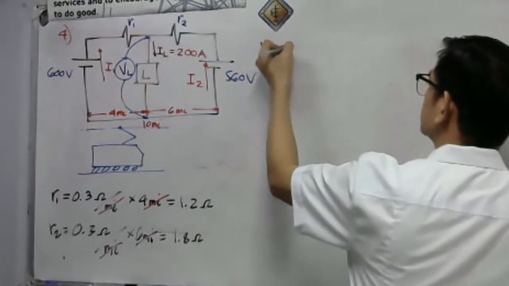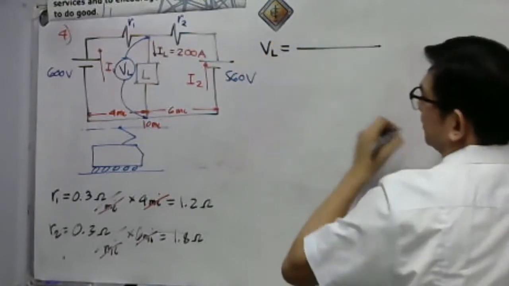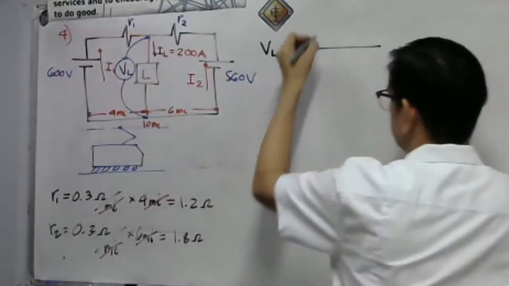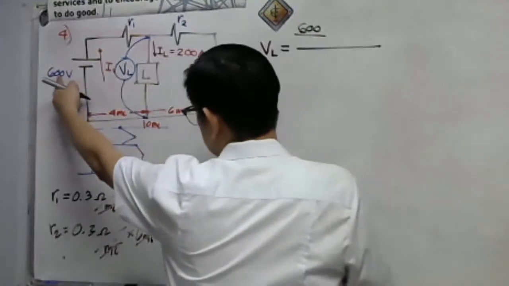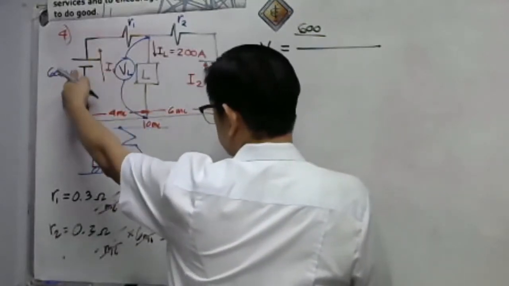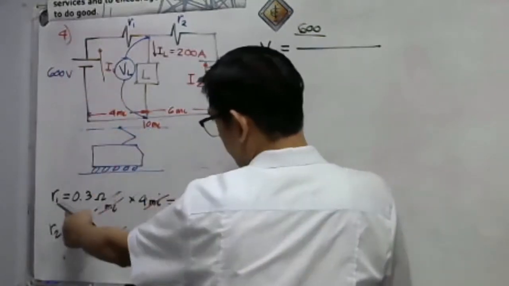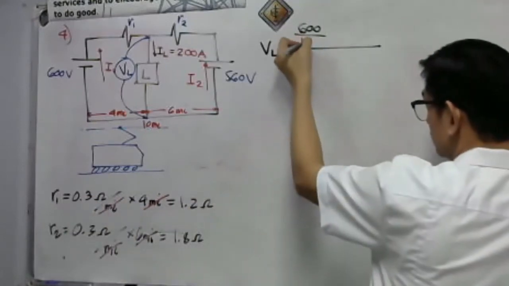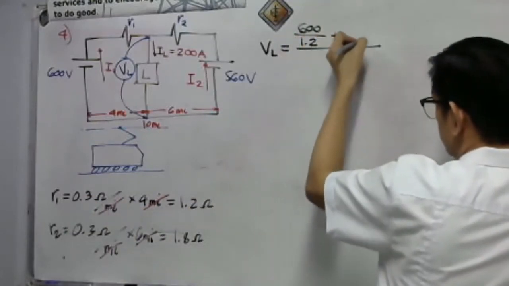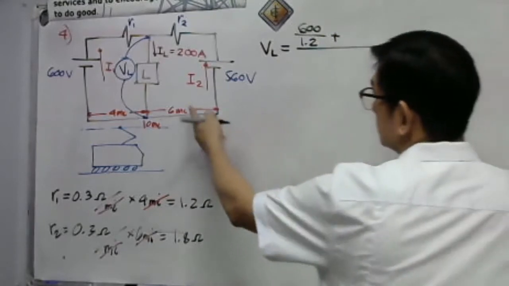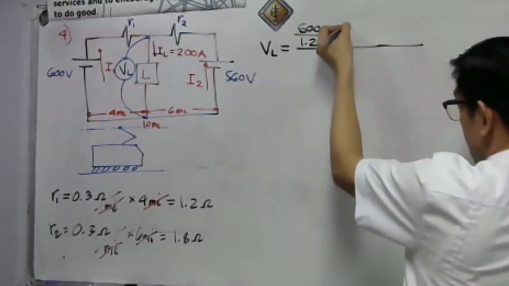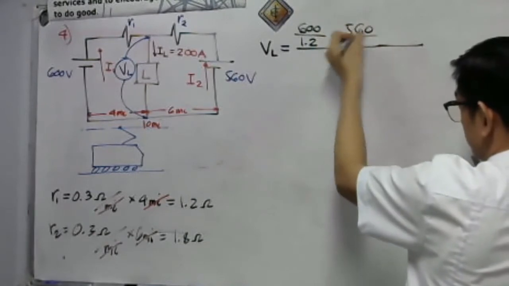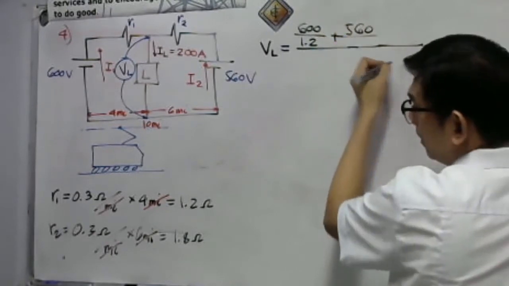Load voltage will be equal to what now? For the first branch, we have 600 over R1 in series with the 600. R1 is 1.2. Then plus, I will consider this first, we have 560 over R2.